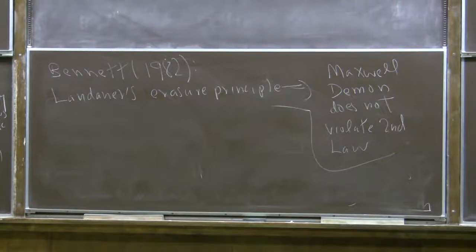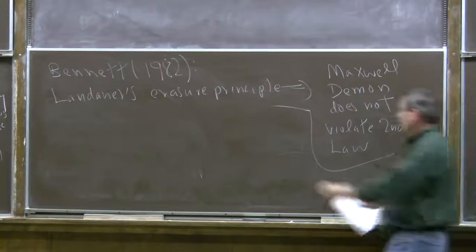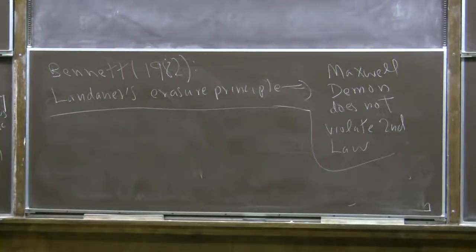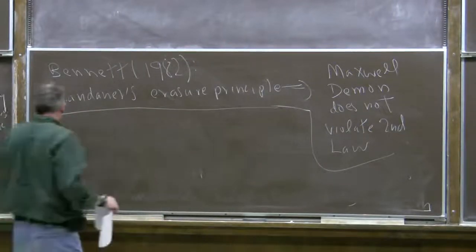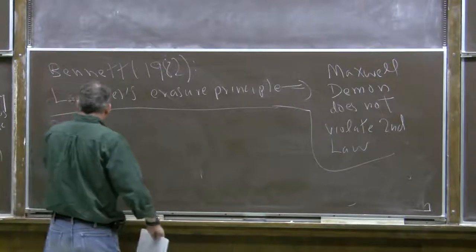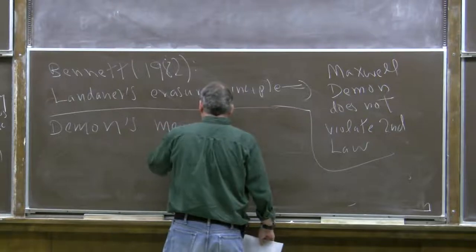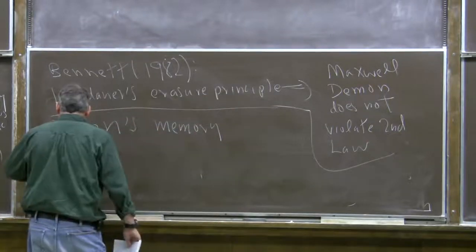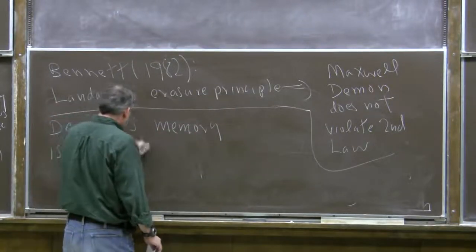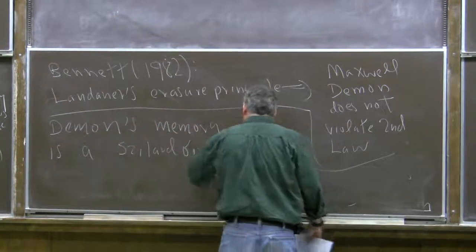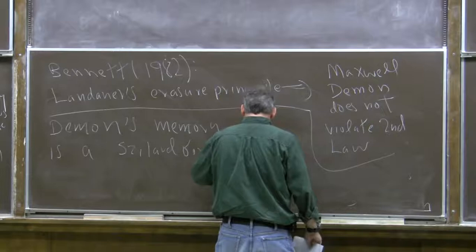So as long as we've invested the effort to describe Szilard's machine, I'll imagine that the demon uses a similar machine for his memory. It's a Szilard box. But the argument would apply to any model.